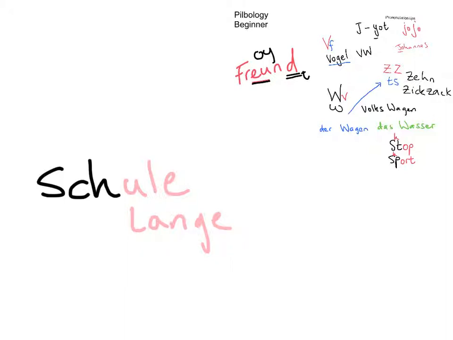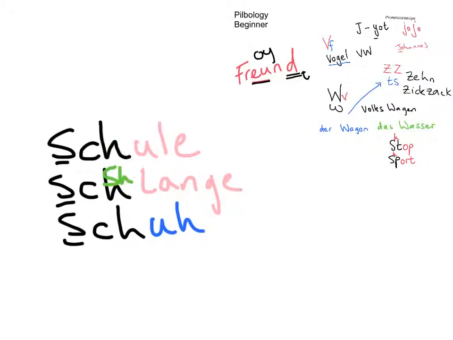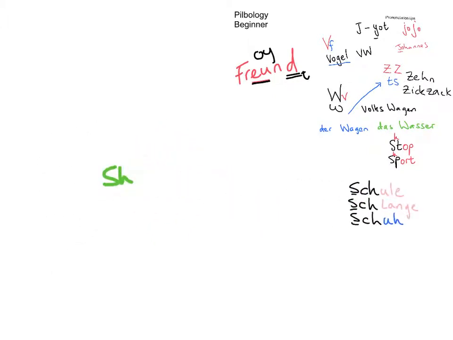You could also have der Schuh. Okay, and all of these, obviously with a capital S. So the pronunciation here is sh. You could be forgiven for thinking it's an SH. So Schule, school, Schlange is a snake, and Schuh is a shoe, funnily enough. Right, so let's shrink you out the way and plonk you over here.